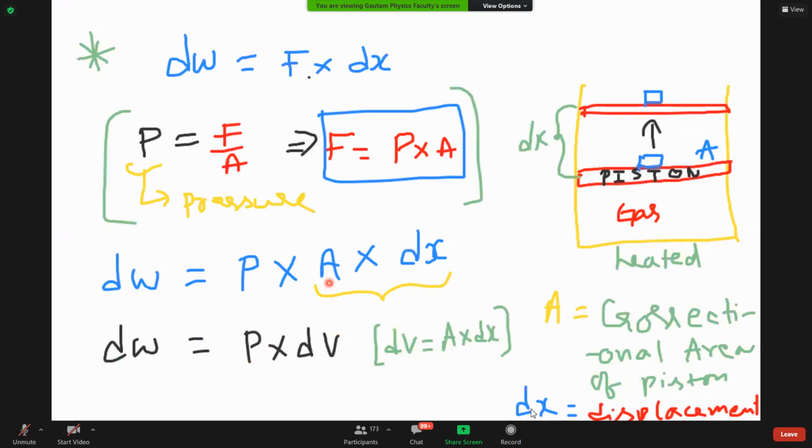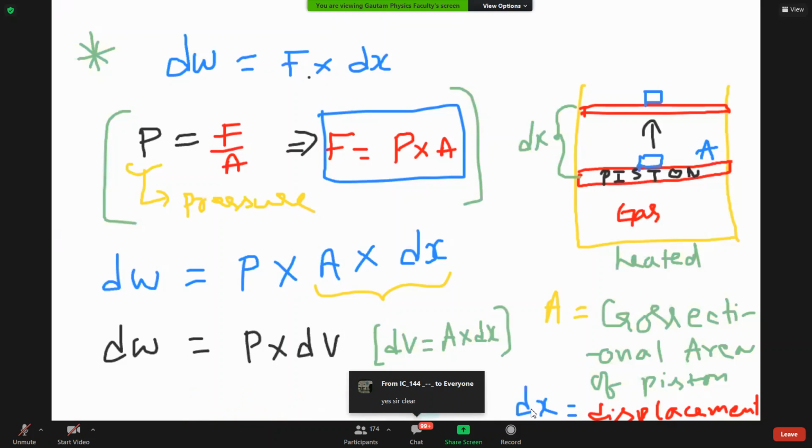A into dx: simply observe like this, send A inside, d into A into x. Area into length is volume. So I can write dV. Is it clear, beta? Send the area inside, and area into length becomes volume.